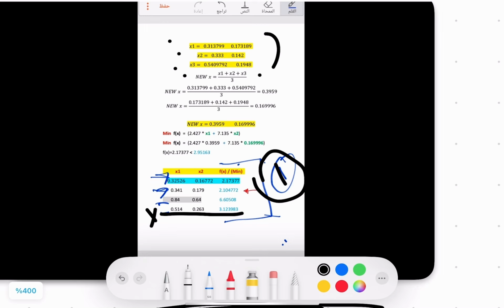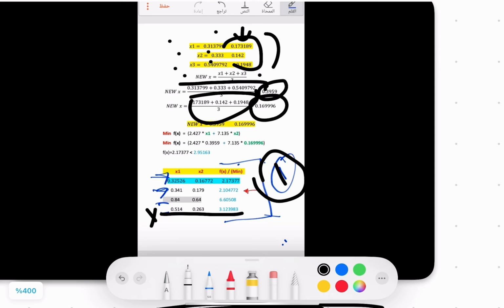Then when we calculate the values for x1, we just add up the x1s together divided by 3 to get this answer here. To get the x2 values, we add these all up in here, divided by 3 to get this value here. Once we get that new x value for x1 and x2, we're going to substitute them in the original equation and check out the final answer.